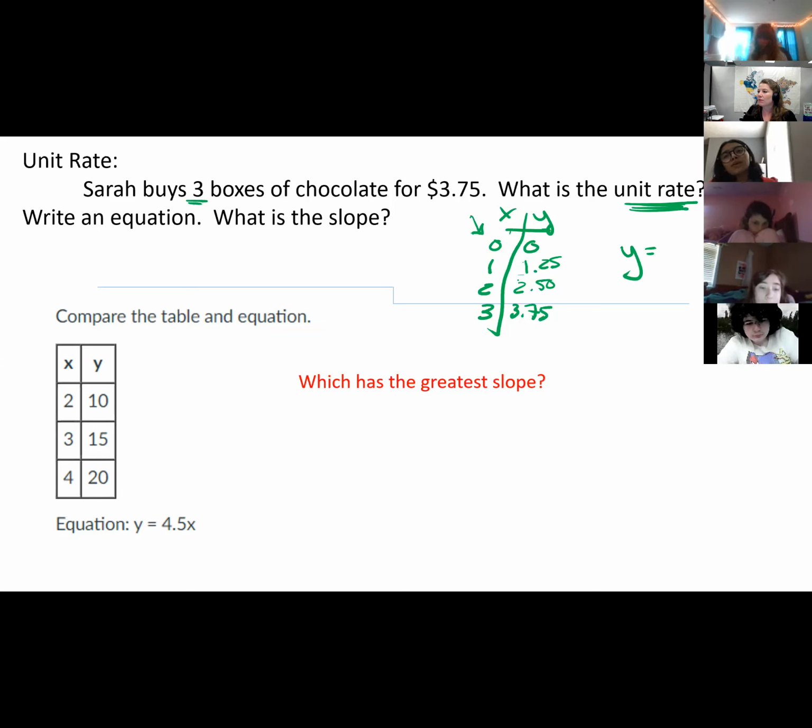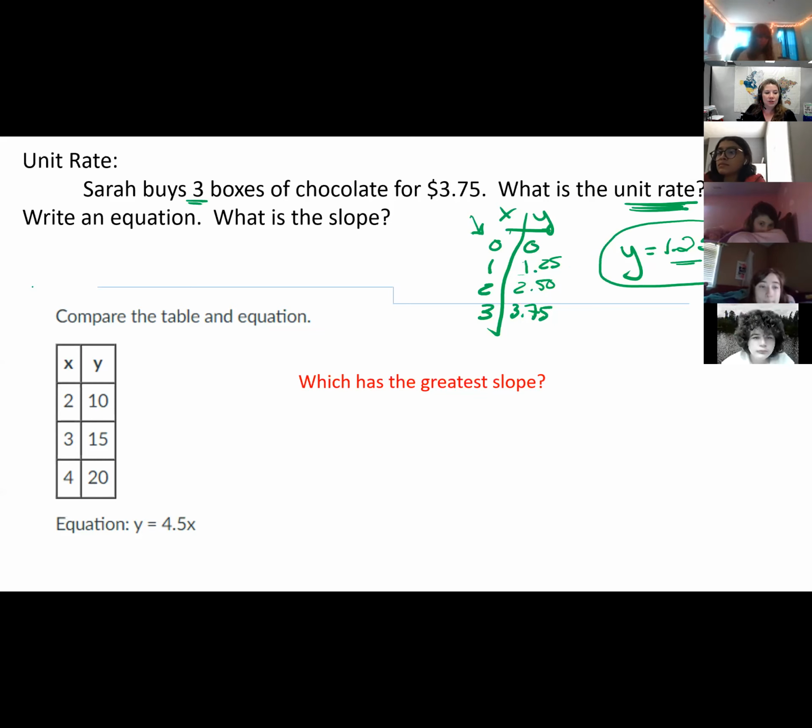Nope. 1 times what is $1.25? $1.25, exactly. So you take your unit rate and that becomes part of your equation, because 1 times $1.25 is $1.25. 2 times $1.25 is $2.50, so on and so forth, right? So this is my equation, and I have to find the unit rate so I know what to use in my equation. Does that make sense?